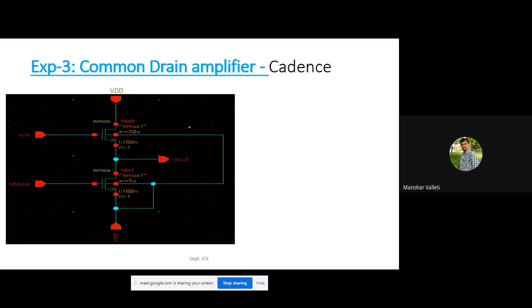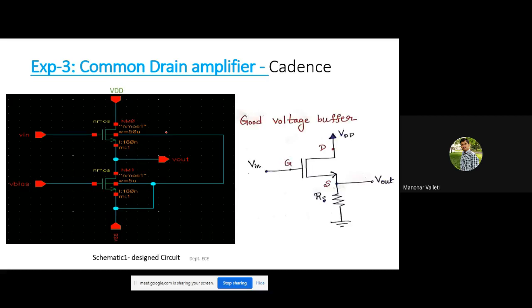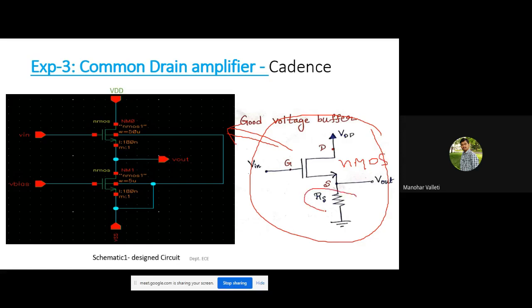So this is the circuit we are implementing in the Cadence tool. You just observe here, this is the circuit I want to implement. There is one NMOS transistor, and one resistance, that is the source resistance. Instead of using a passive resistance, I will use an active resistance.